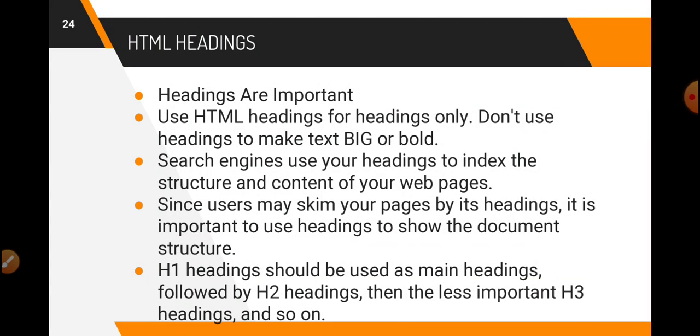Headings are important. We use HTML headings for headings only. So that means you cannot use headings just to make your text bigger. Don't use headings to make text big or bold.